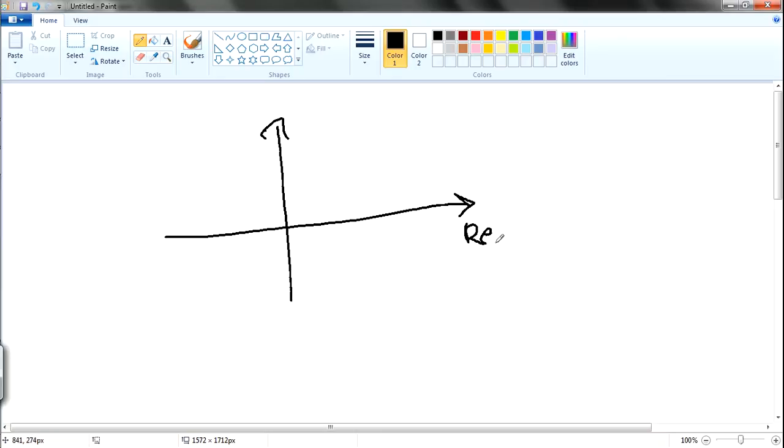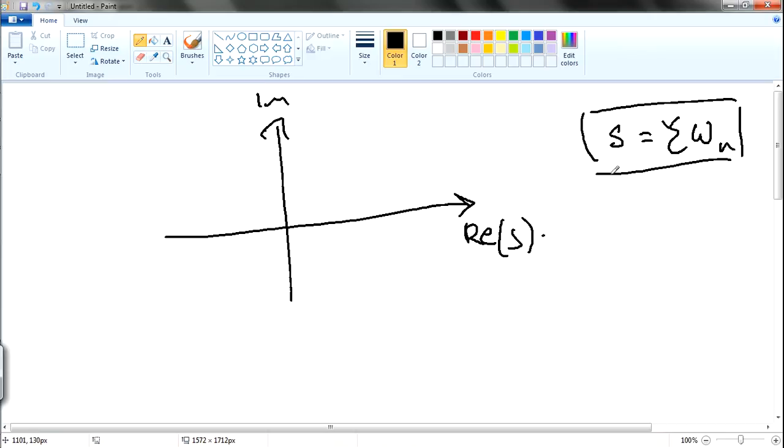The real axis is in terms of s, so the value of s you just plot here, and this is the imaginary axis. The value of s can also be said to equal the damping factor multiplied by the natural frequency. This is one equation you may need to really go and understand.